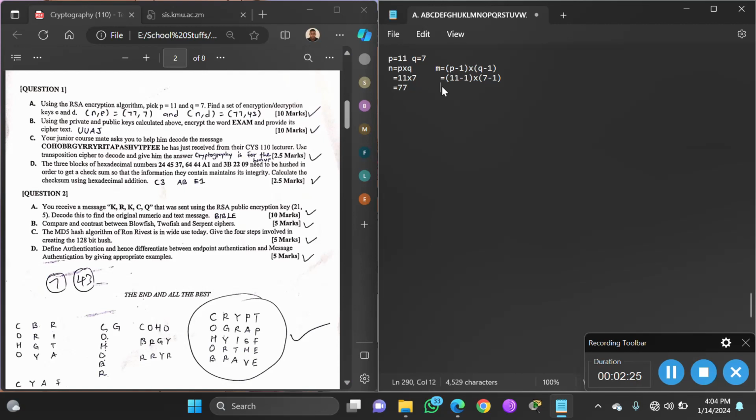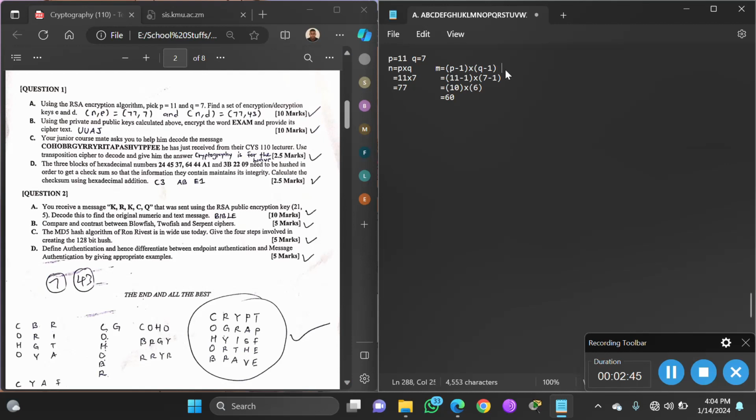Now 11 minus 1 we get 10, times 7 minus 1 which is 6. So the last part is 10 times 6, which is 60. So our M now is 60.